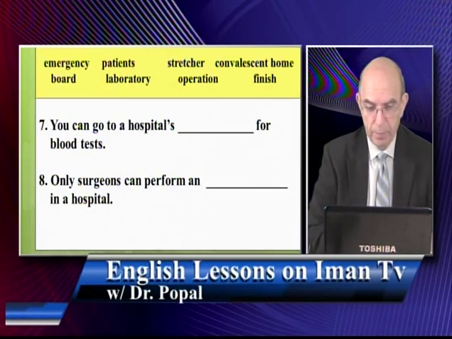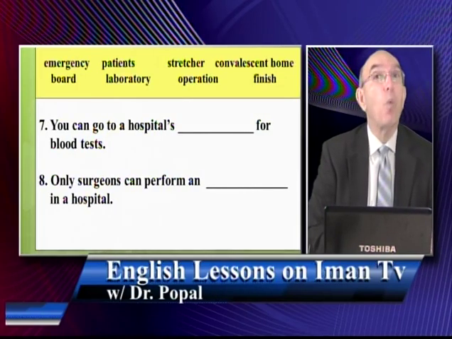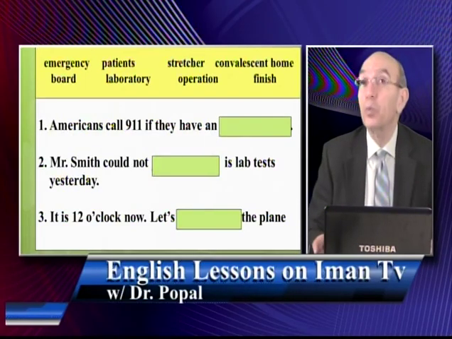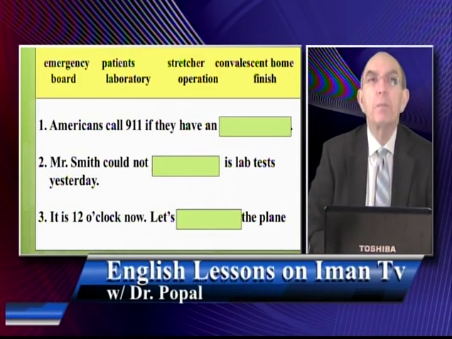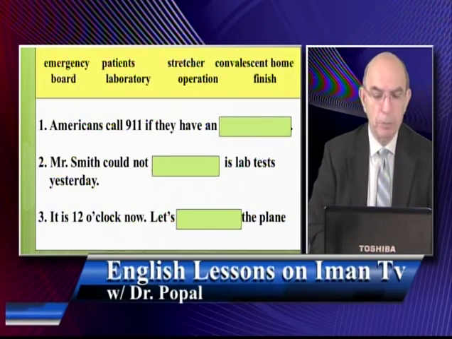Hospitals what? Only surgeons can perform blank in a hospital. Perform what in a hospital? So there are actually 8 sentences, not 10. I misspoke. Now, please repeat after me one more time these words, and then you'll use them in the sentences.